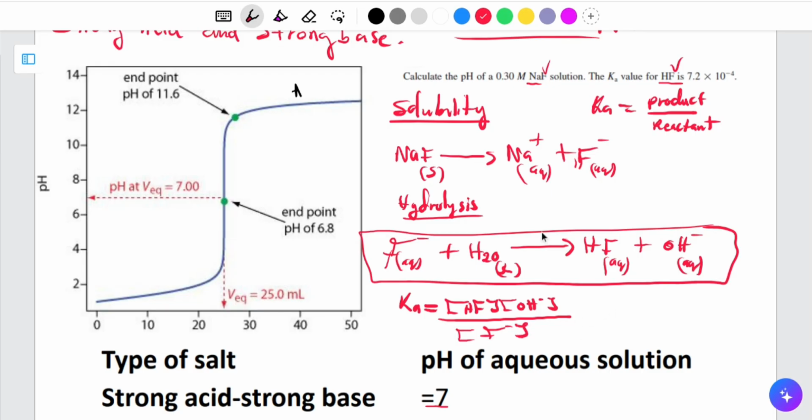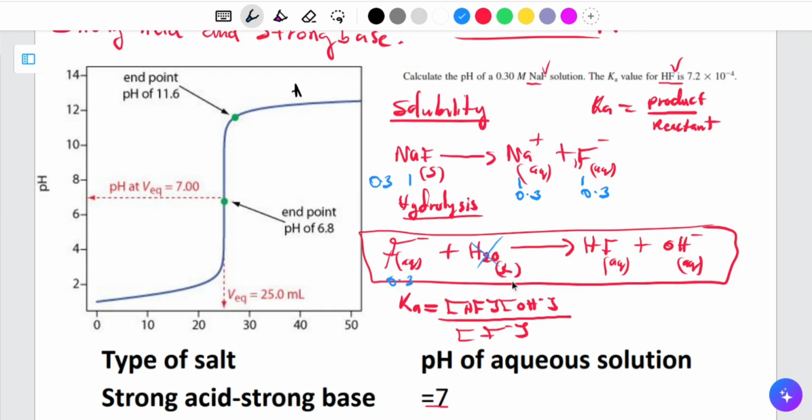So if you look at the dissociation of this sodium fluoride, according to the ratio we have 1 to 1 to 1. So this question is saying calculate the pH of 0.3 molarity of sodium fluoride. So if sodium fluoride is 0.3, even sodium ion is going to be 0.3, even fluoride ion is going to be 0.3. So even here we are going to have 0.3, but as for water we ignore it.